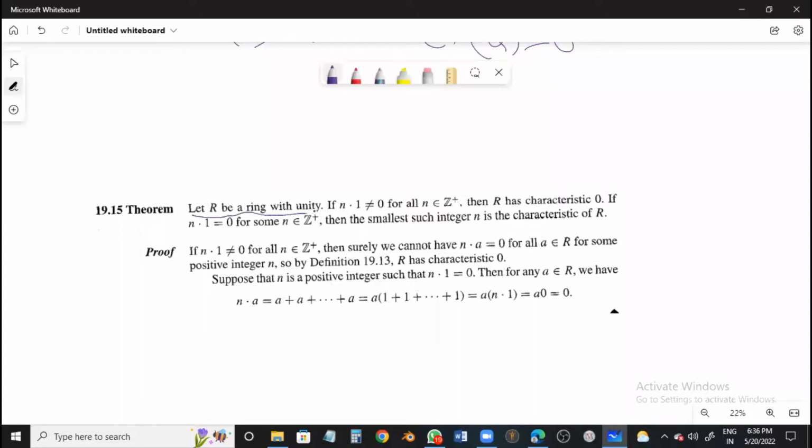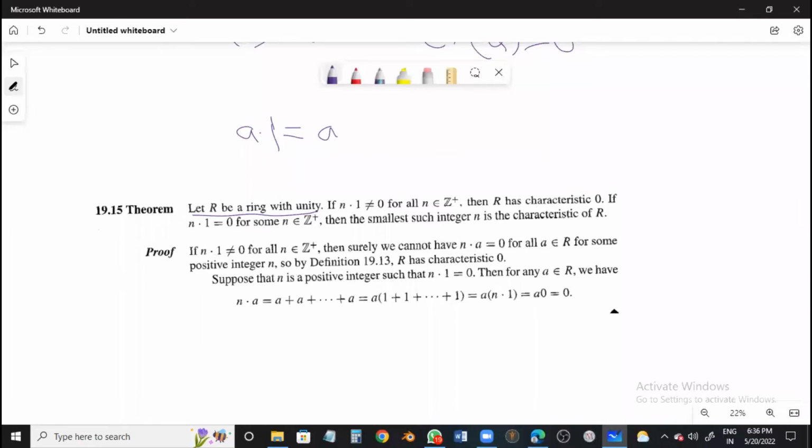In case of a ring with unity, the thing becomes quite easy because every element of a ring can be written as a into 1 is equal to a. This is the basic fact. Every entry can be written as a into 1. So we will make use of this particular fact, talking about the characteristic of a ring.